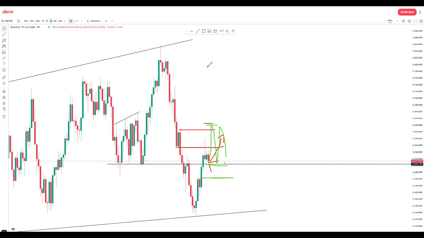Your trade looks like 5 is to 1, because this 5 is your loss and this one is your profit. Hence, you can see here this is your 1, this is your 5.